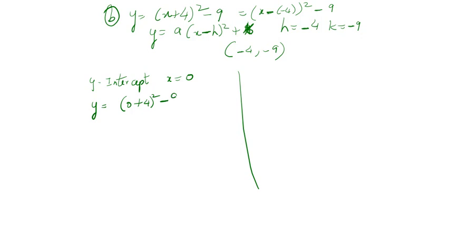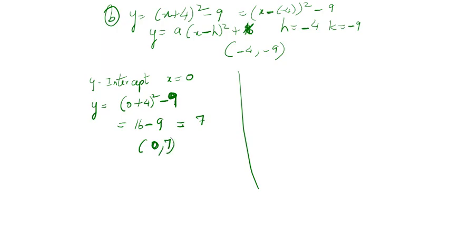The common mistake here is people just assume that your constant is minus 9, and they give me the turning point as your y-intercept as minus 9, which is not the case. So 4 squared is 16. 16 minus 9 gives me 7. So you write your intercept as x is 0, your y is 7.